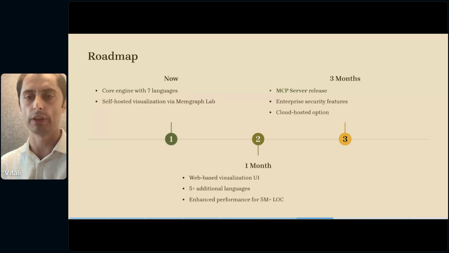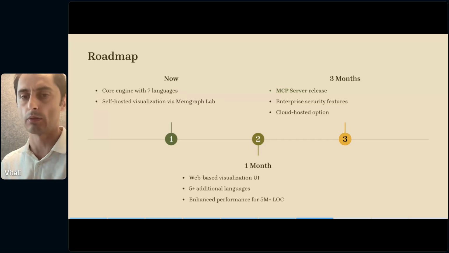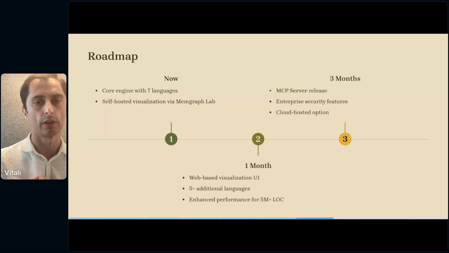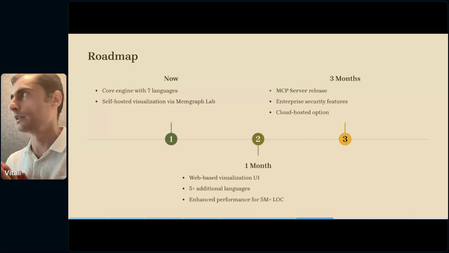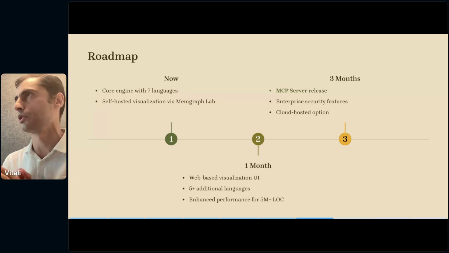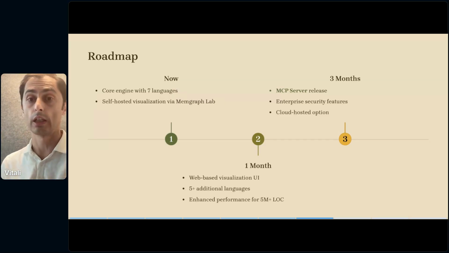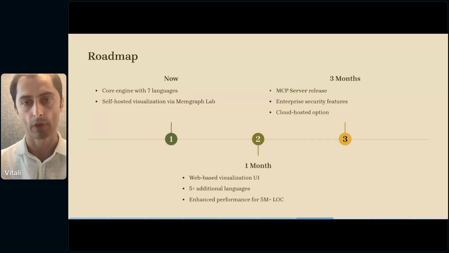And obviously, there will be some security fixes. And if you think about the future direction of this project, if it's going to be commercialized or get into better production shape, then cloud-hosted options would also be on the agenda.